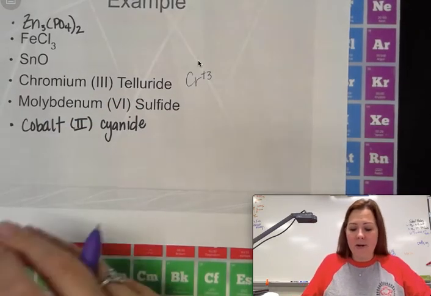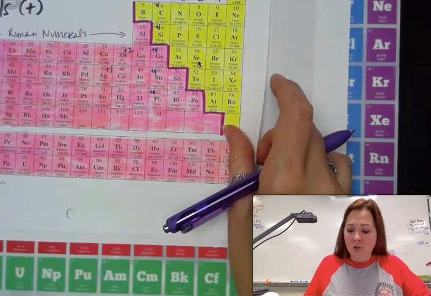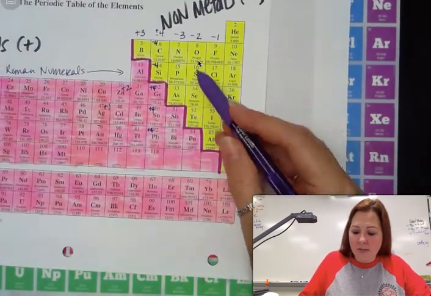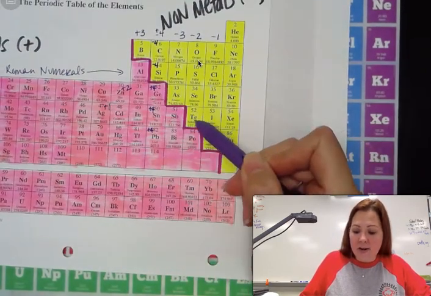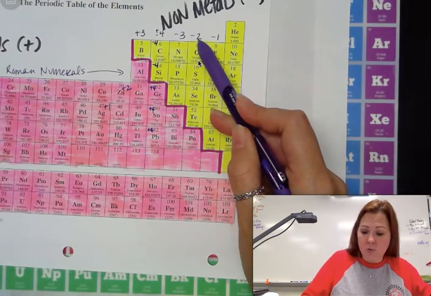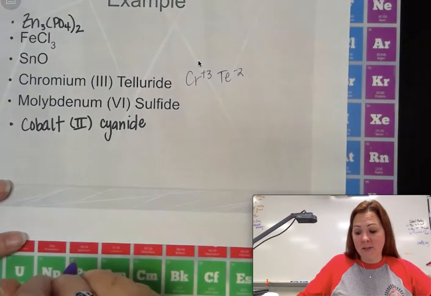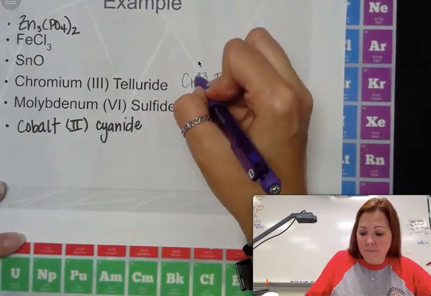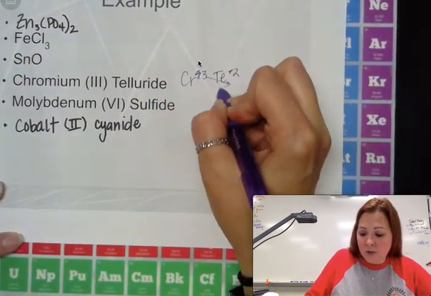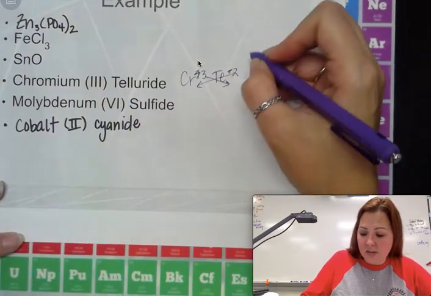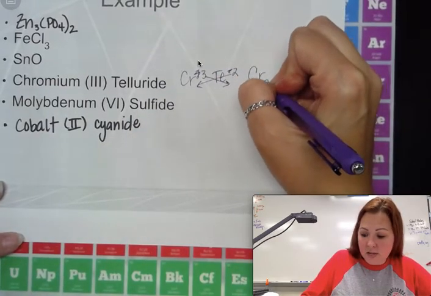For my telluride, I'm going to have to look that one up. So when I look this one up, tellurium is here. When it becomes telluride, it has a -2 charge. So we would have Te -2. Once we have the plus and the minus, they go away. The 3 drops over here, the 2 drops over here, so you have Cr2Te3.